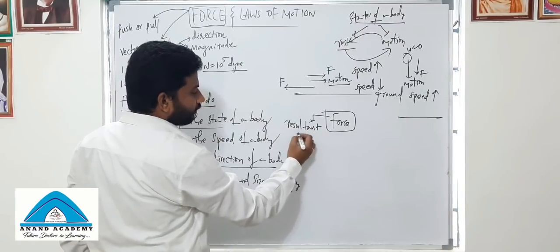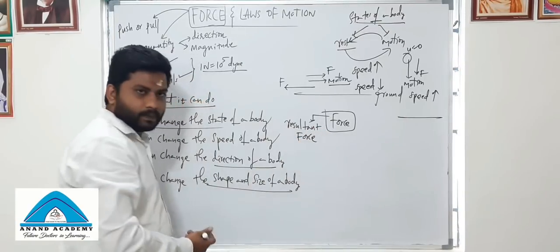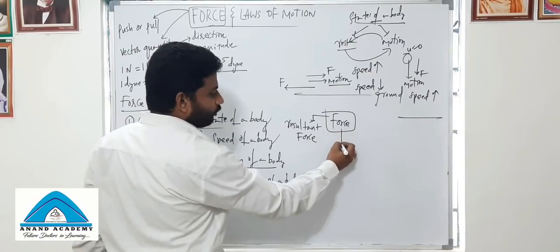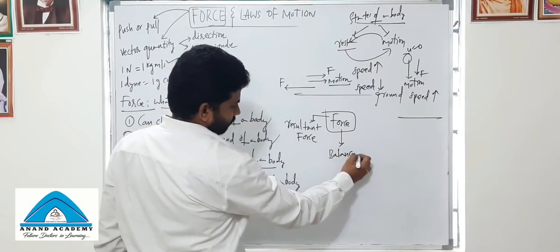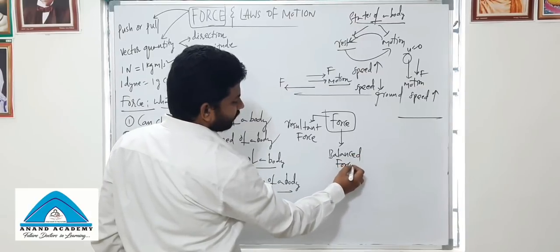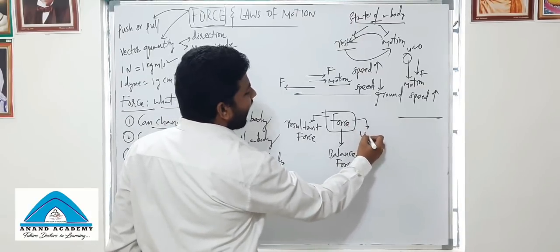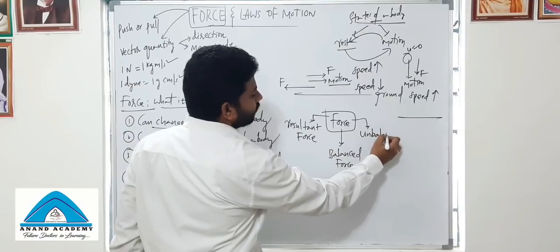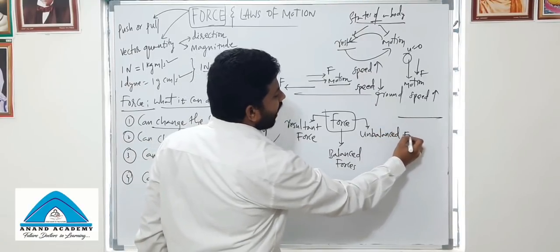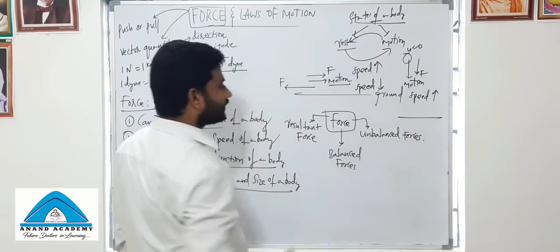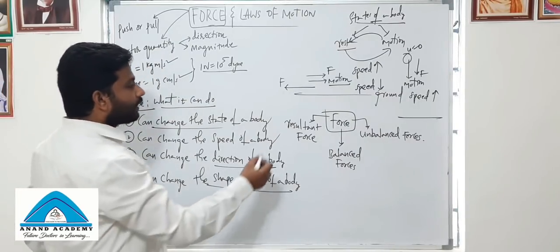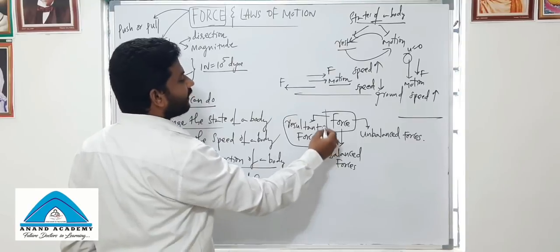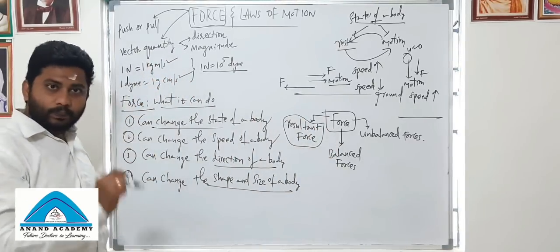The second one is called balanced forces. And the third one is called unbalanced forces. So these are the things we are going to discuss now. Alright. So what is the resultant force? First we will be discussing that now.